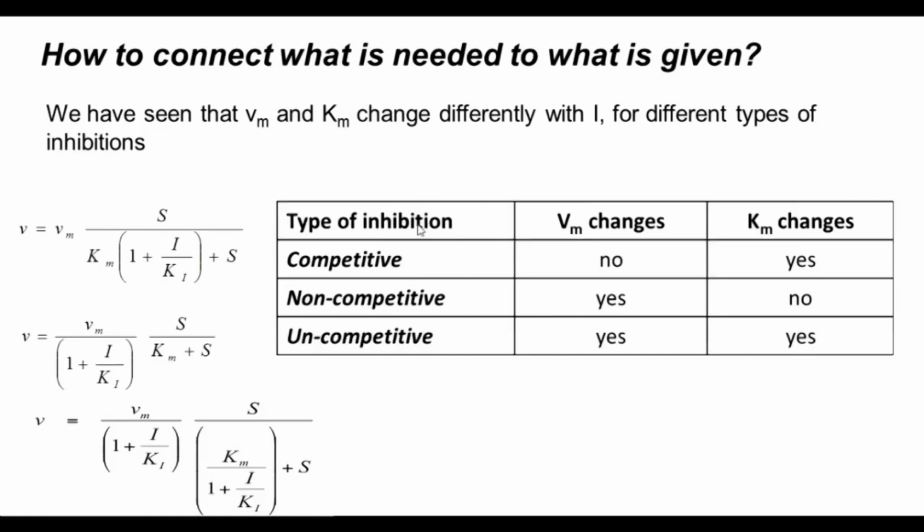This is a summary of the types of inhibition: competitive, non-competitive, uncompetitive. In the case of competitive inhibition, Vm remains the same, there is no change, whereas Km changes. In the case of non-competitive, Vm changes, but Km does not change, and in uncompetitive, both Vm and Km change. So we need to find out what changes here.